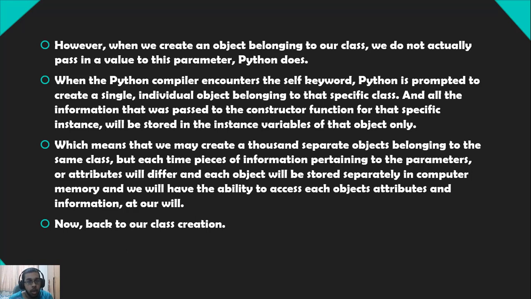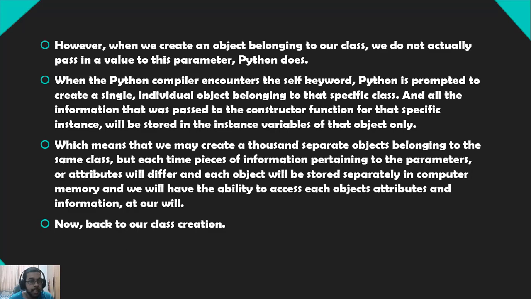This means that we may create 1,000 separate objects belonging to the same class, but each time the pieces of information pertaining to the parameters or attributes will differ, and each object will be stored separately in computer memory, and we will have the ability to access each object's attributes and information at our will.